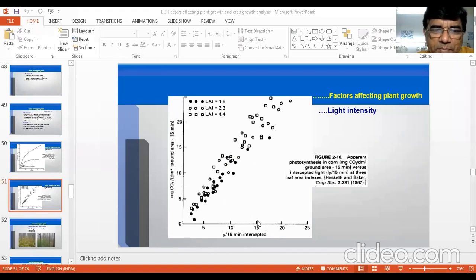If your leaf area index is lower, the response is only up to 10, meaning up to a lower level of light intensity. But if you have LAI 4.4, this response can go up to the last level. So that means the lower the leaf area index, the lower light intensity can work here. But if you have higher leaf area index, you need higher levels of light intensity.